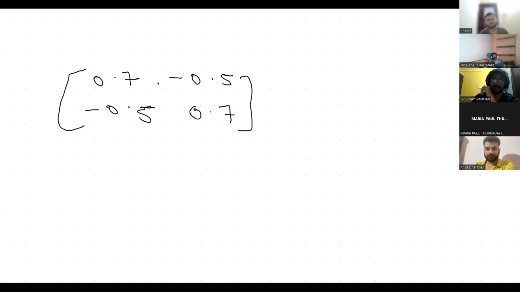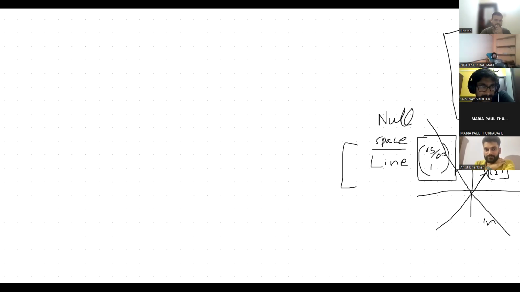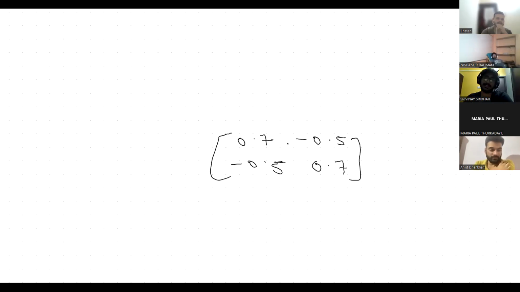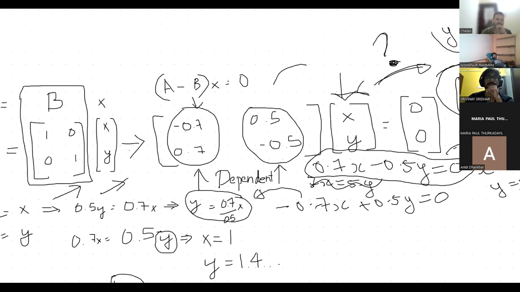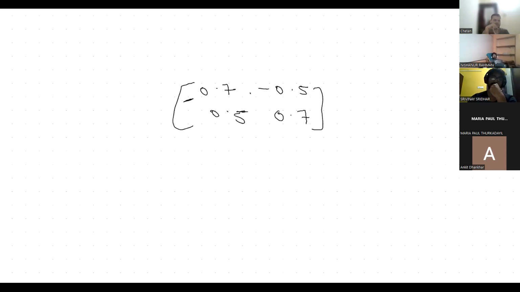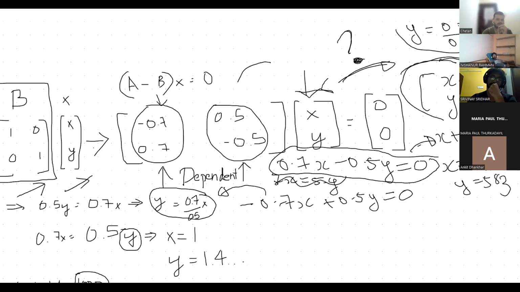This was the matrix, right? No, this is not the matrix. This is rows, not columns. So minus 0.7, minus 0.7, 0.5, and 0.7, minus 0.5.